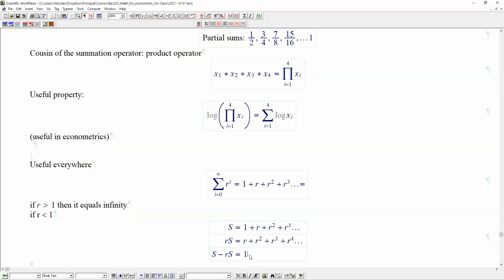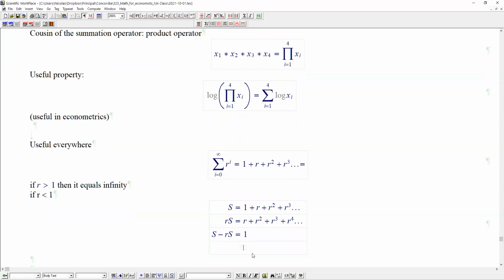So S minus RS equals 1, so S equals 1 over 1 minus R. And this, of course, is if R is smaller than 1. If R is greater than or equal to 1, then this goes to infinity.